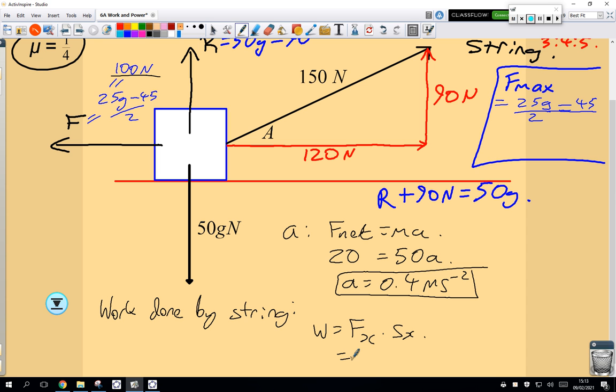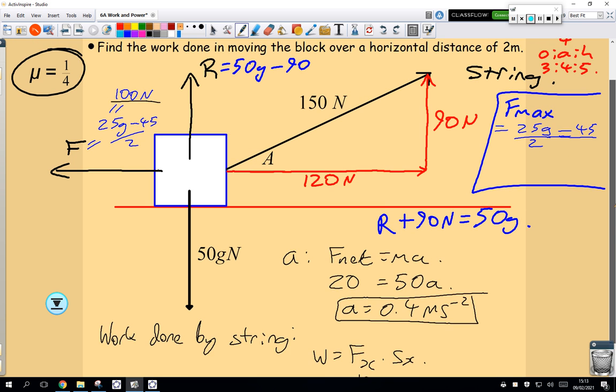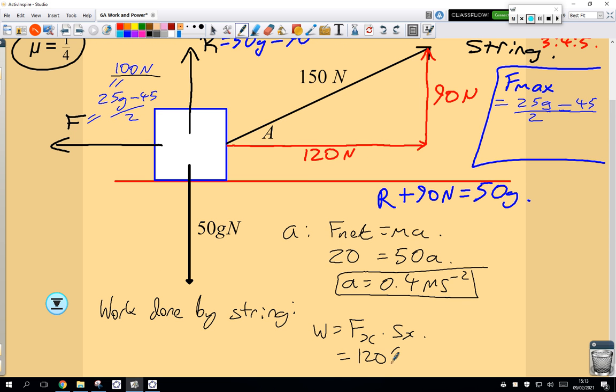The force here is 120, and it's been moved, what did we say, 2 meters, so it's 120 times 2, which is going to be 240 joules of work done. So there's 240 joules of work done on that block by that string.